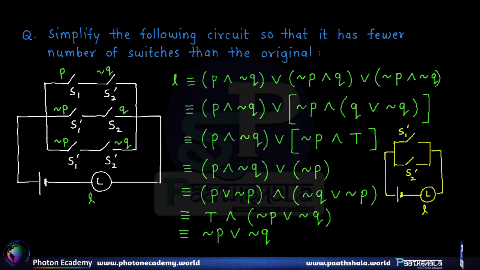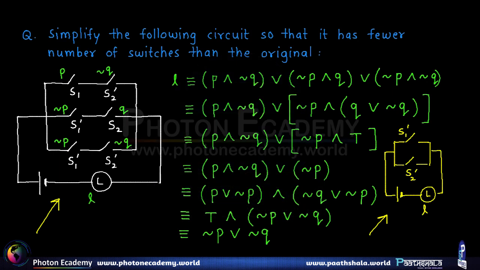So you see that the operation of this circuit so obtained is exactly same as operation of the original circuit. So you see, in the original circuit there were 6 switches, but we can have just 2 switches and achieve the same operation. So that is what is the meaning of circuit simplification with the help of laws in mathematical logic.